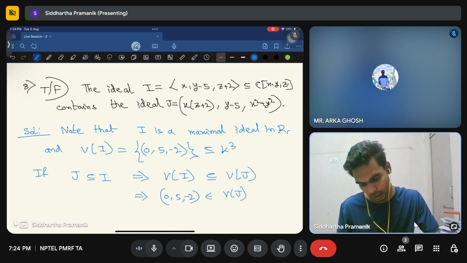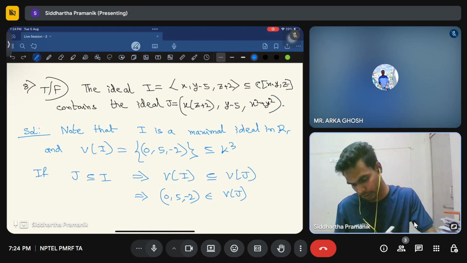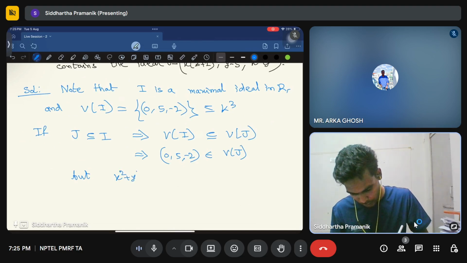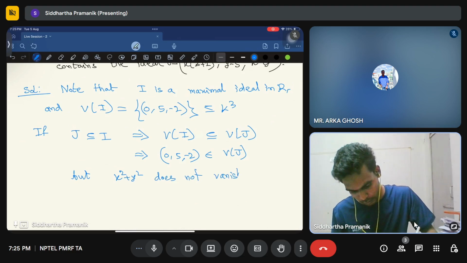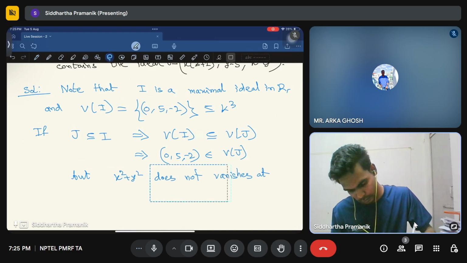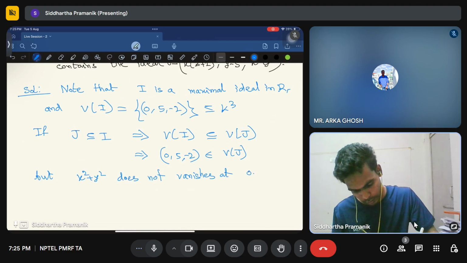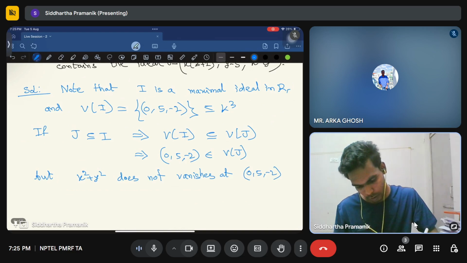Now check x square plus y square. But x square plus y square does not vanish at (0, 5, minus 2), because it will be 0 square plus 5 square, which is 25.